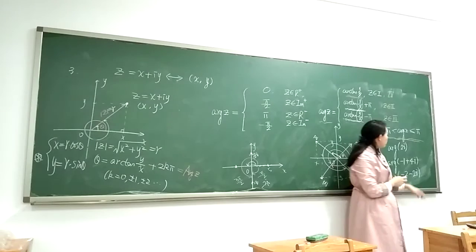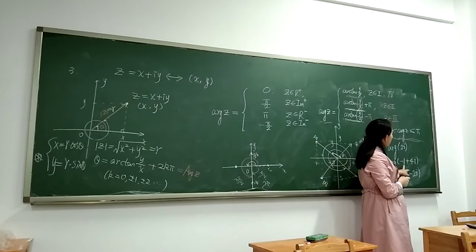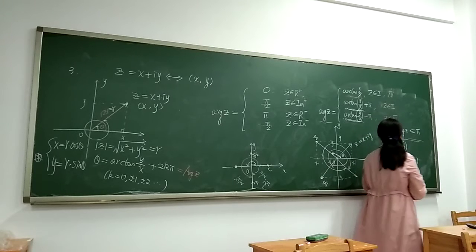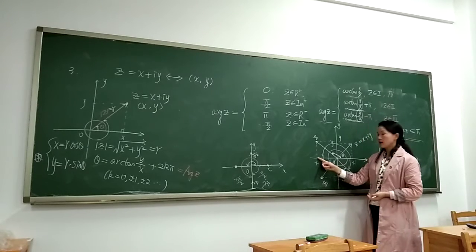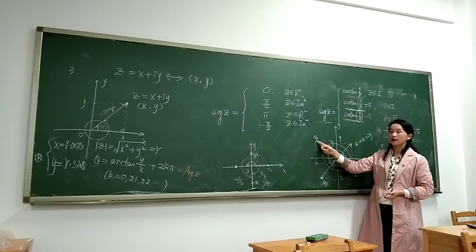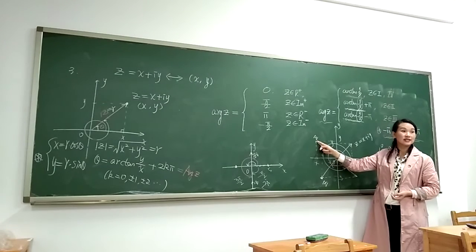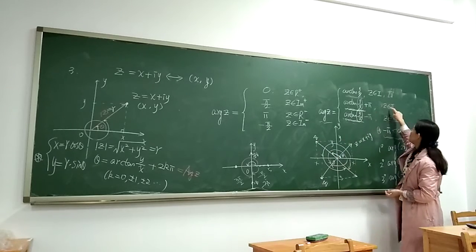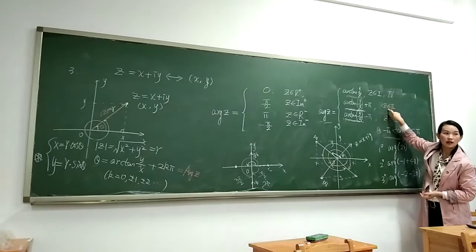Okay? If z is minus 1 plus 4i, it is in the second quadrant.